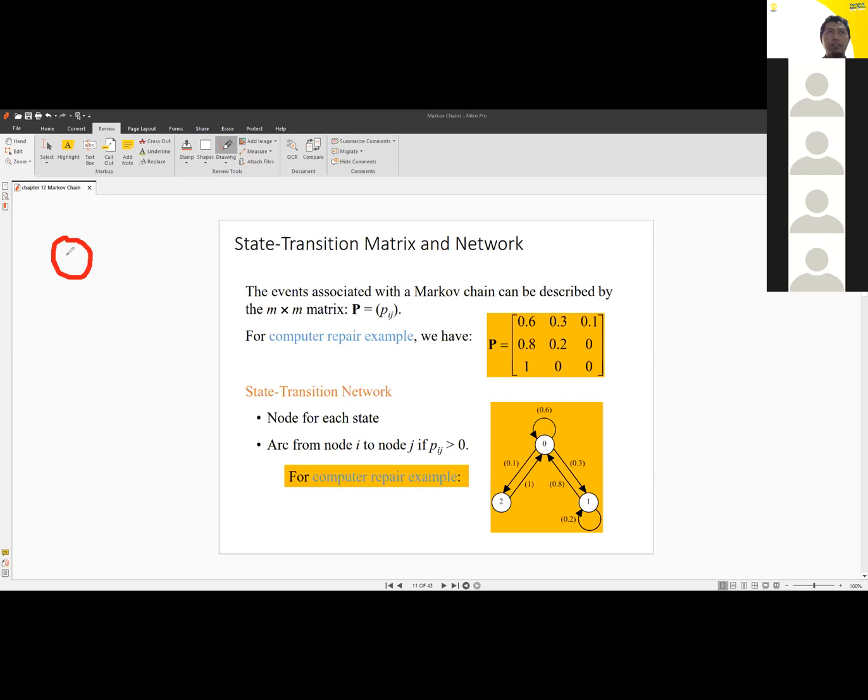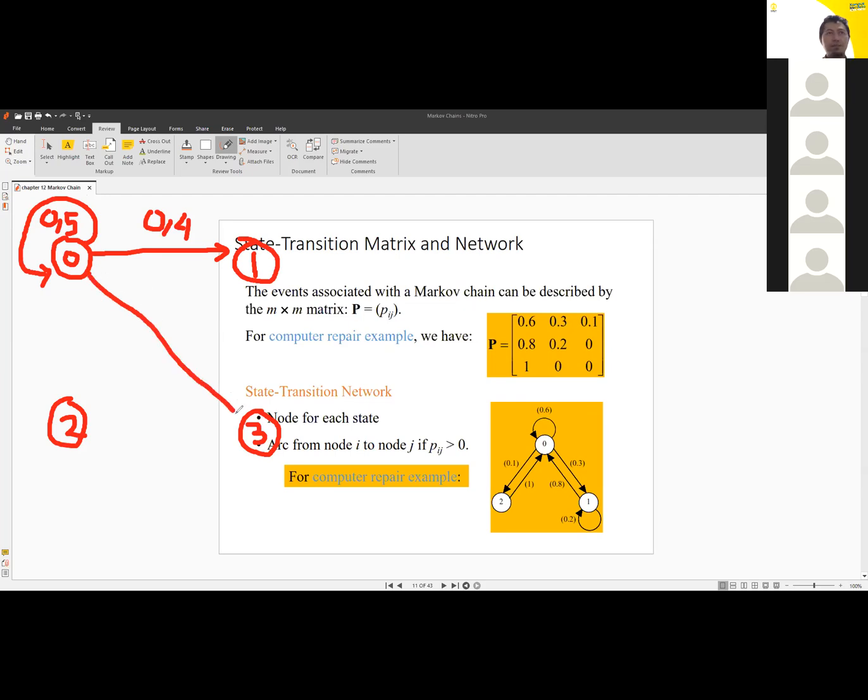If I have a network like this, with nodes 0, 1, 2, and 3, this one is 0.5, this one is 0.4, and this one is 0.1.